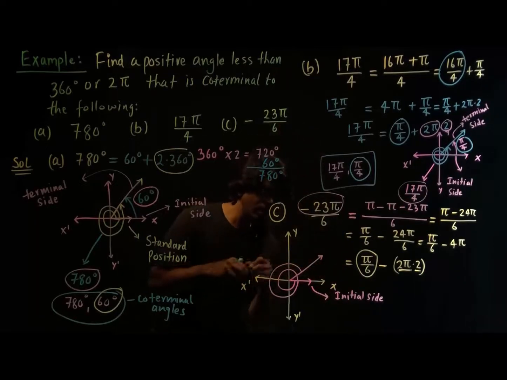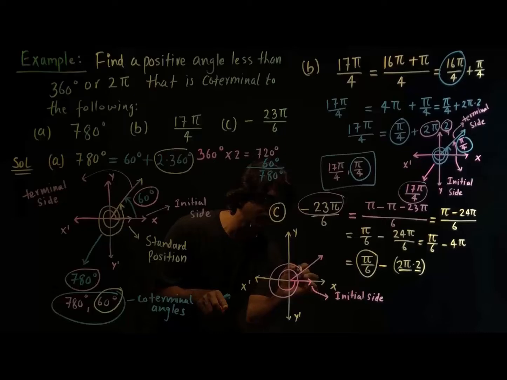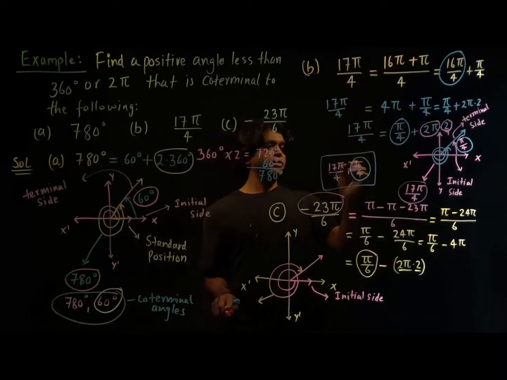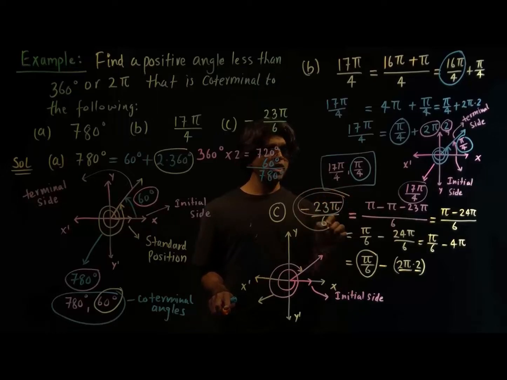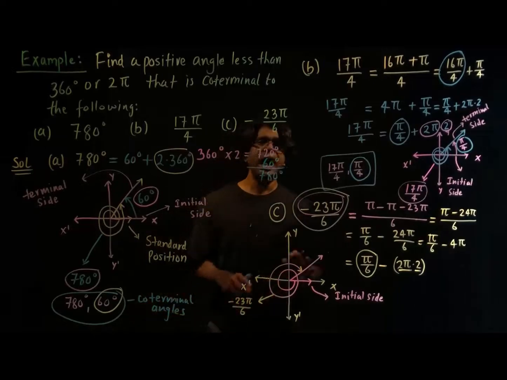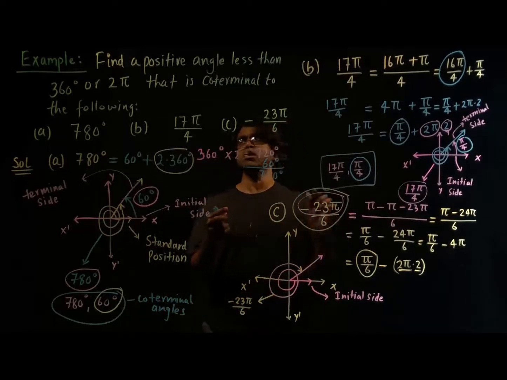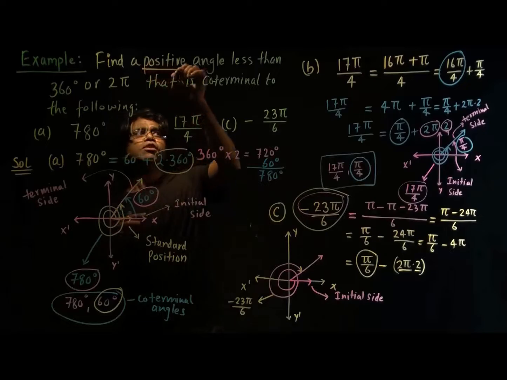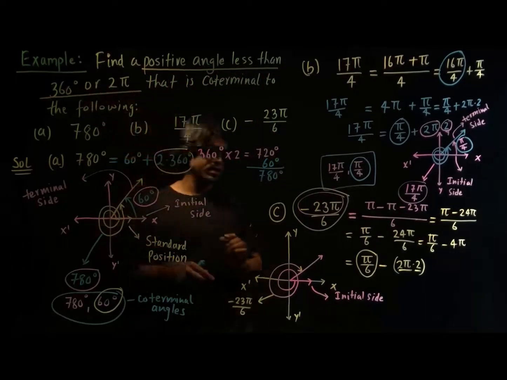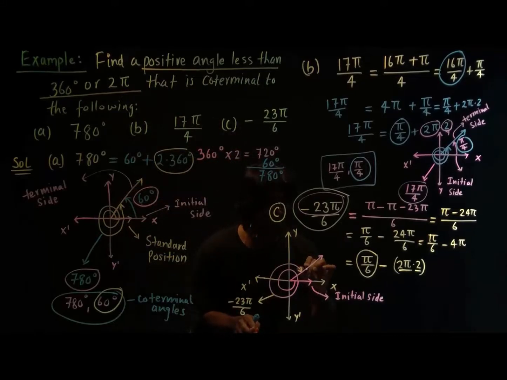So this angle, the clockwise direction angle, the value of this angle is basically what? Right here, negative 23 pi over 6. Negative 23 pi over 6. But I'm not looking for a negative number. What I'm looking for is a positive angle less than 360 or 2 pi. So the value of that angle would be what?